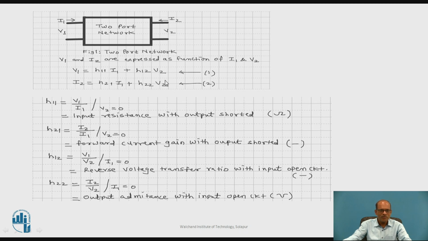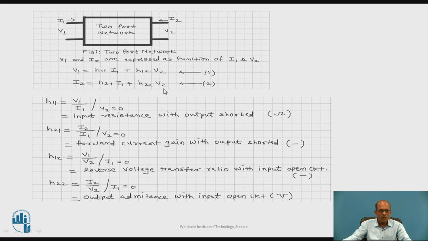Now make V2 equal to 0, then using equation number 1 I can write down H11 is V1 by I1 with V2 equal to 0, and as it is V1 by I1, voltage by current at the input port with output shorted, so it is an input resistance with output shorted and it has the unit of ohm.